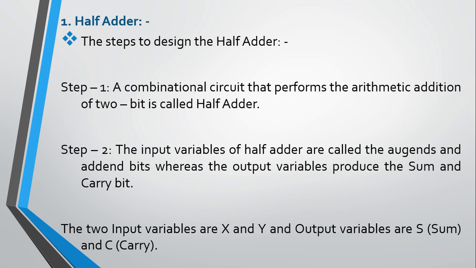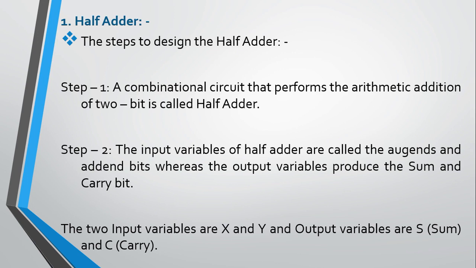Half adder is a part of combinational circuit, as I told you in the very beginning that adder is a part of combinational circuit only. So in any combinational circuit, when you want to perform an arithmetic operation like addition of 2 bits, that operation is known as half adder.